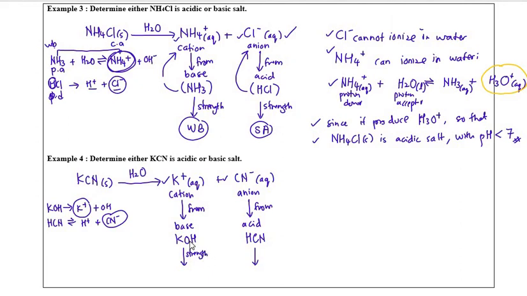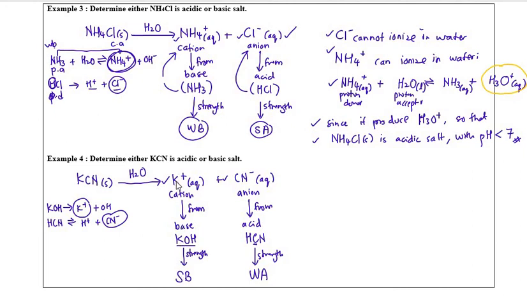classify whether it is a weak or strong base. All the metal hydroxides here are strong bases. Okay, how about HCN? Since it has carbon here, we consider it a weak acid. Okay, alright, now from here we know KOH is a strong base.